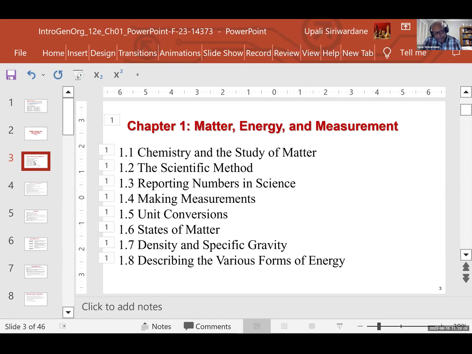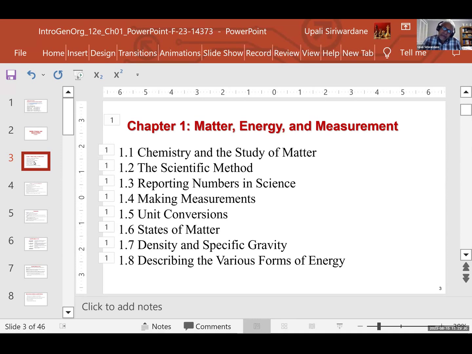In chemistry, we use the scientific method. You probably heard about that, so we're going to talk about it. Reporting measurement with numbers is very common in the scientific method and in many sciences.